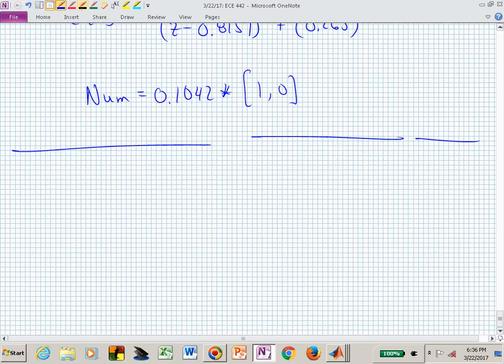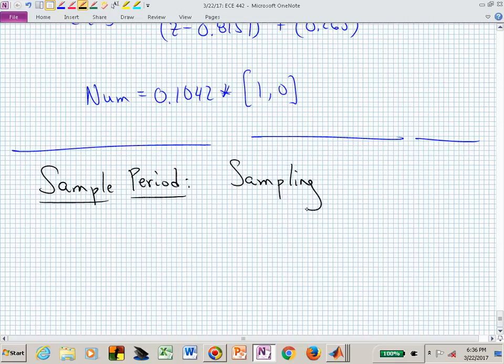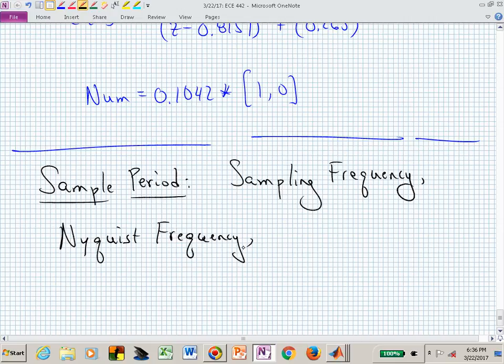Let's now change gears a little bit and try to connect sample period with the Nyquist and aliasing. So that now we want to look at a sampling frequency and how that relates to the Nyquist frequency that you've probably heard about before, and what that might mean if somebody starts talking about aliasing.